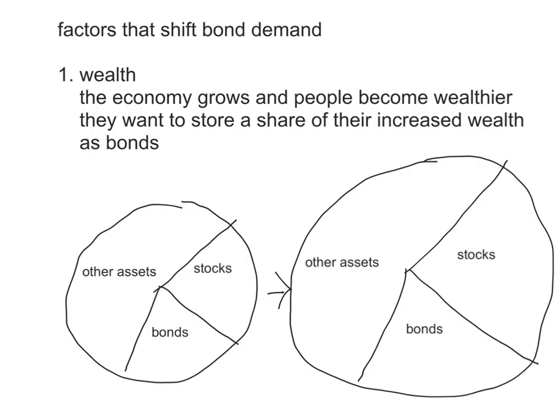So bonds being a slice of the pie, a slice of the portfolio. As the portfolio of all the people in the economy gets bigger, so too do the number of bonds. So the demand for purchasing bonds will increase if wealth in the economy increases.